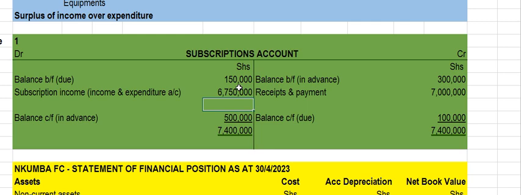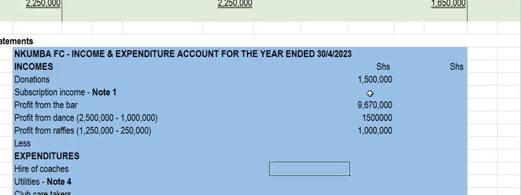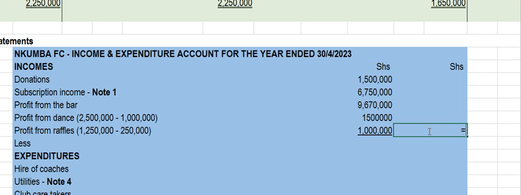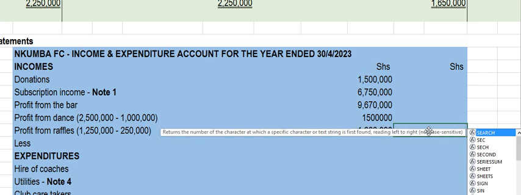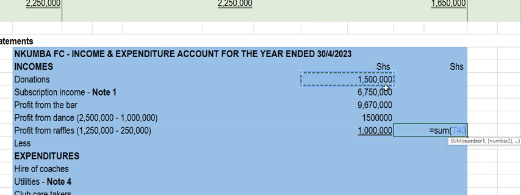So that's the subscription income for the year. So you bring it here. 6,750,000. So those are the incomes, as you can see. So what you have to do, you have to add them and then get the total income.